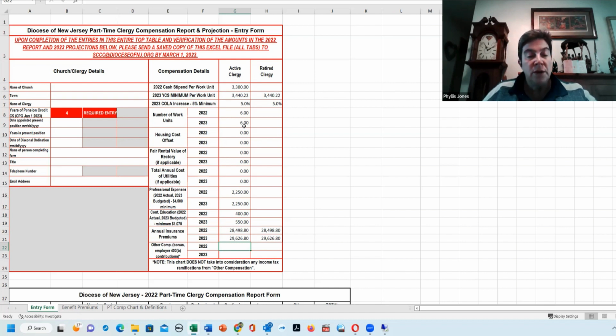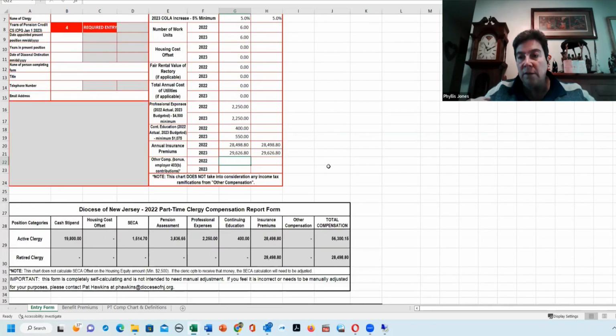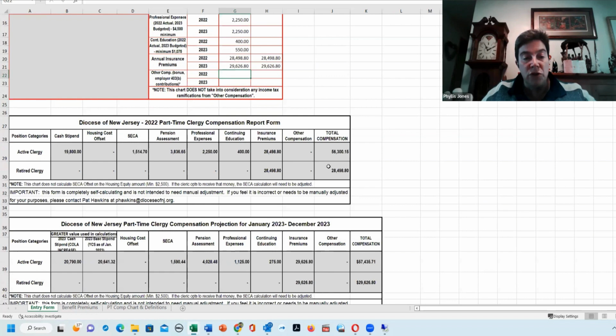Okay. We saw that when Gary did the full-time spreadsheet for 2023, he used $4,500 for the professional expenses and $1,075 for the continuing education, because those are our minimums. So what we want to do on this worksheet is exactly the same thing, because the report down below will calculate the proration.